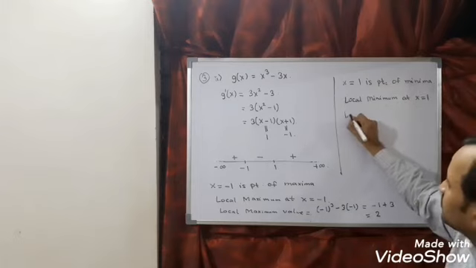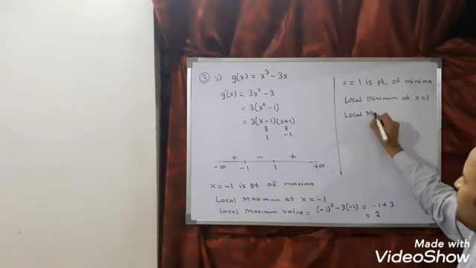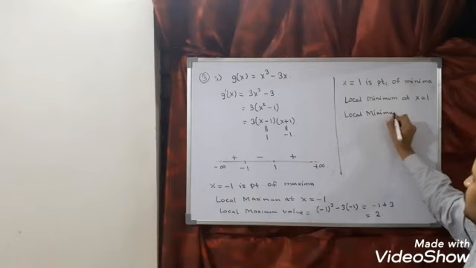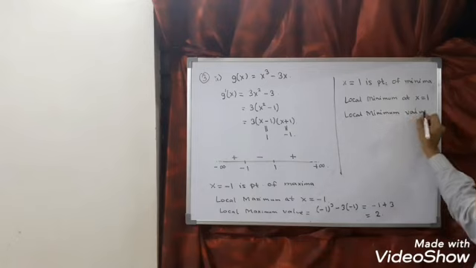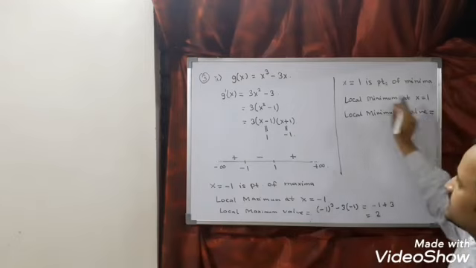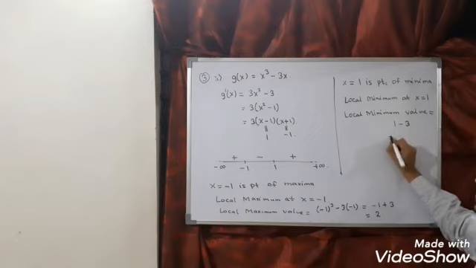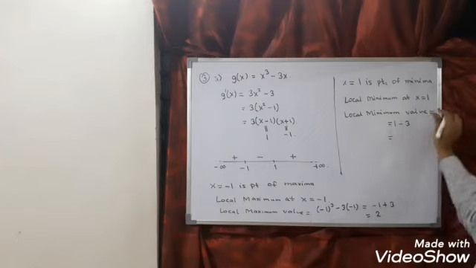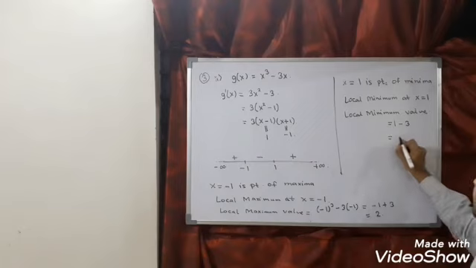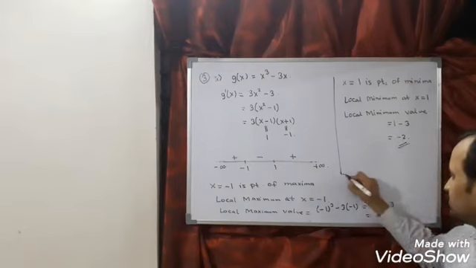And find the value. So here I can say local minimum value is equal to, put x is equal to 1 there. So 1 minus 3. The answer of this question is 1 minus 3, which is minus 2. So this is the required solution.